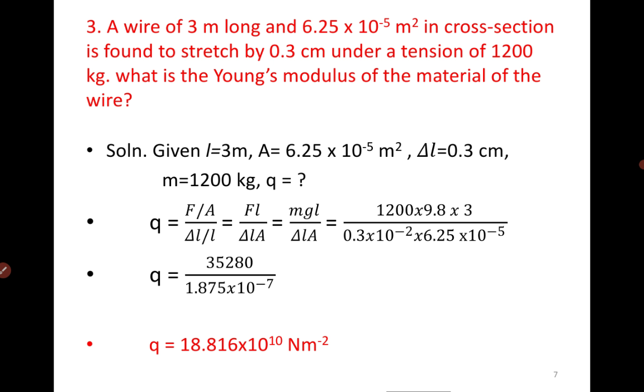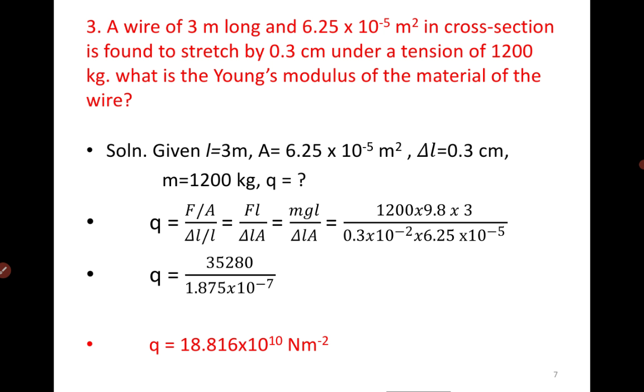In another problem, a wire of 3 meter long and 6.25 into 10 power minus 5 meter square cross-sectional area is found to stretch by 0.3 centimeter under a tension of 1200 kg.